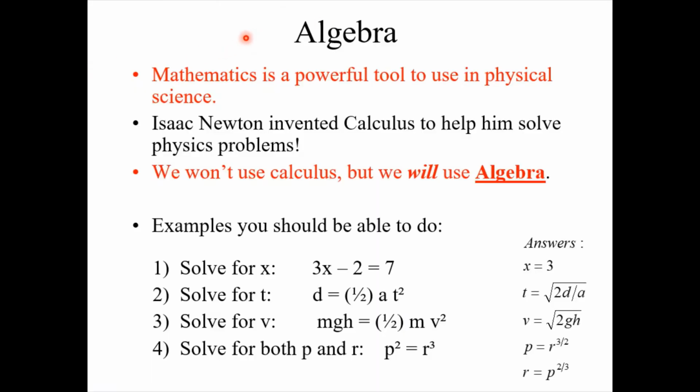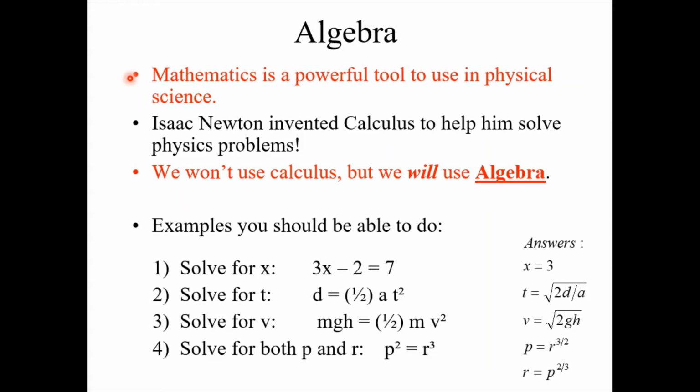So let's just do a very quick review of algebra. The reason for this is that mathematics is a very powerful tool to use in physical science, especially in a science class like this, a physical science where we are going to rely on measurements and data and quantitative data to describe things with numbers.